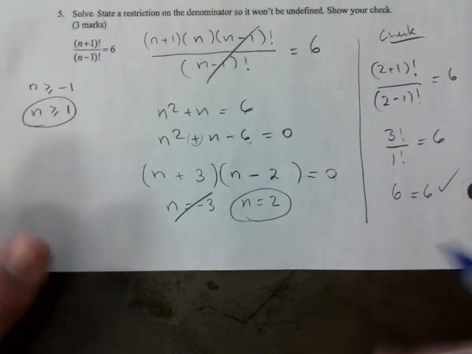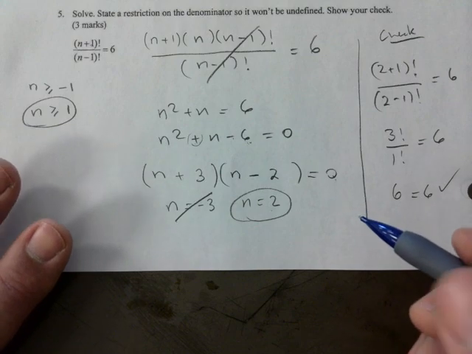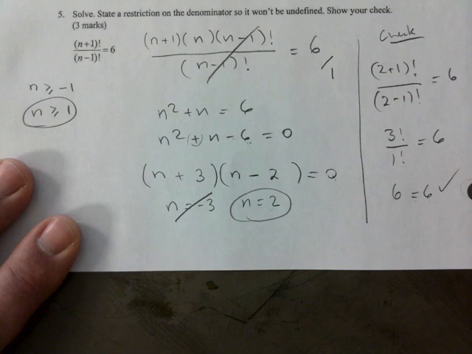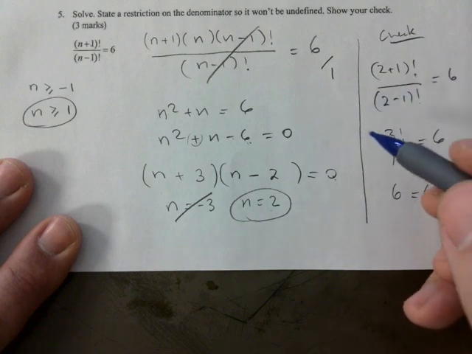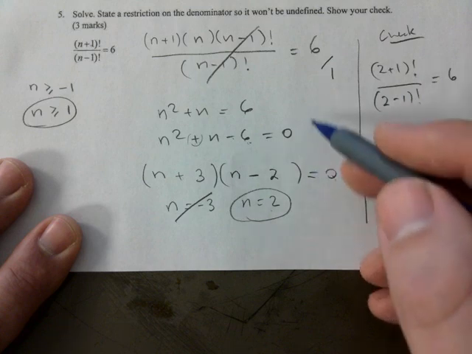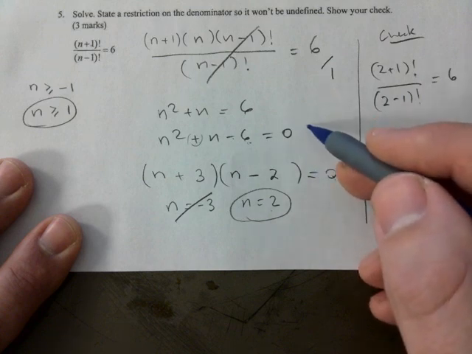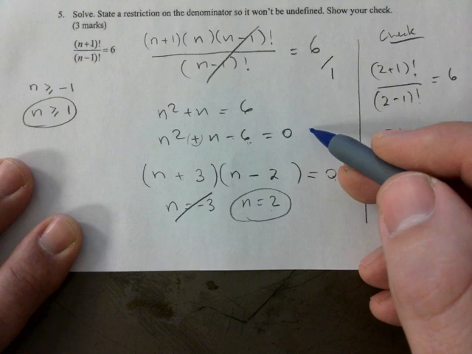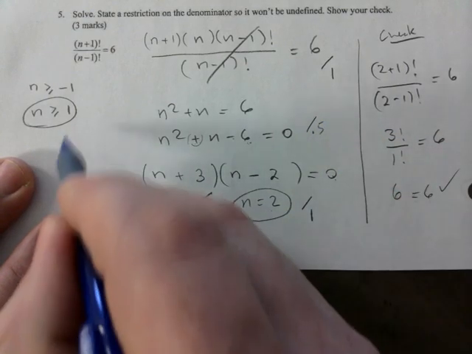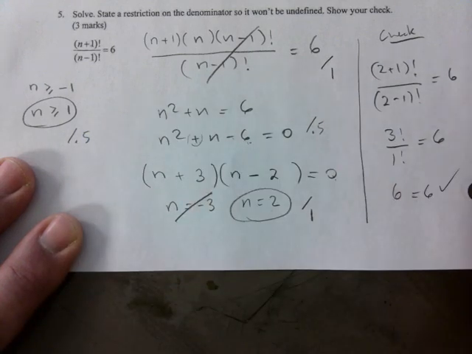So here's the breakdown. I'll give you 1 mark if you're able to cancel out the n minus 1 factorial. And I'll give you another mark for everything else. Hold on. I'd probably give you half a mark here and a full mark for the final answer, and then half a mark for the restriction as well.